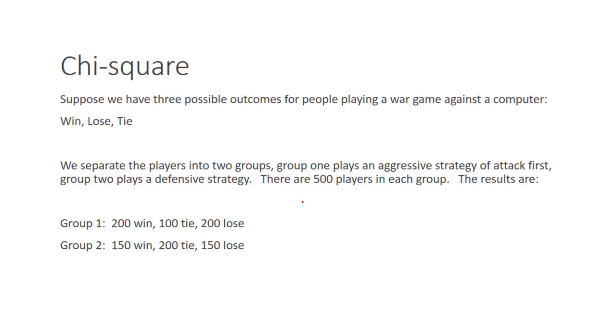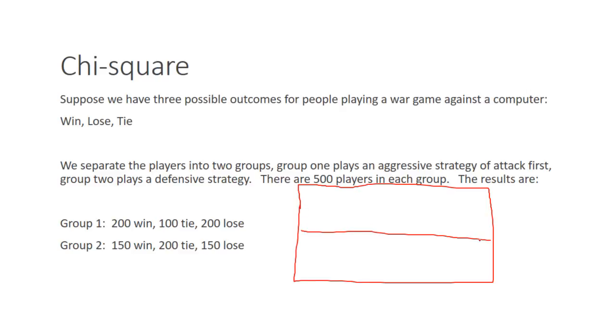Okay? So we're going to draw a box. We could do this either way. It doesn't matter. We have group 1 and we have group 2. And there's 3 possible outcomes. Win, tie, lose.